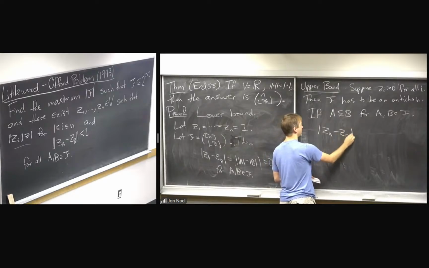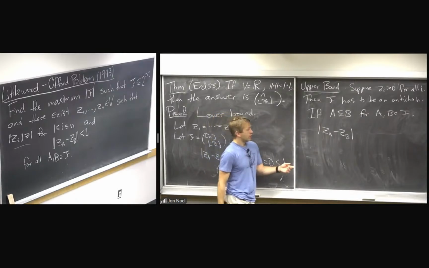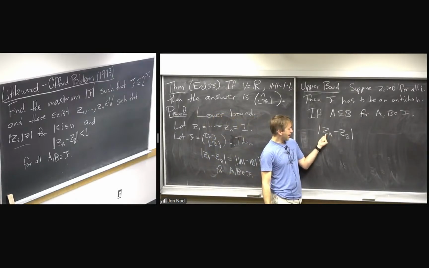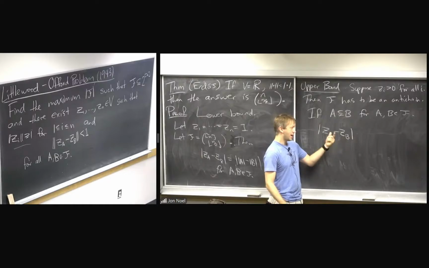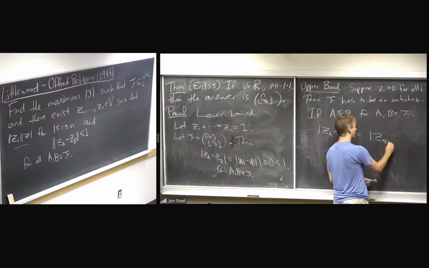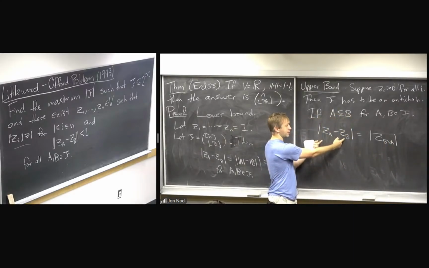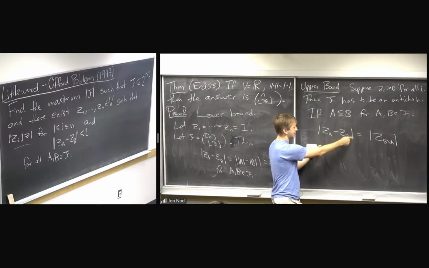Well, if I take Z_A minus Z_B, everything in A is in B because it's a subset. So Z_A completely cancels with the corresponding terms here, and you're just left with Z of B minus A, because those terms cancel except for the ones that are in B minus A.